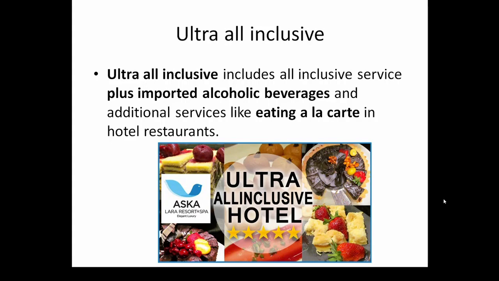It includes all-inclusive service plus imported foreign alcoholic beverages, alcoholic drinks from other countries, and additional services like eating a la carte in hotel restaurants in the same price, all included in the same price.